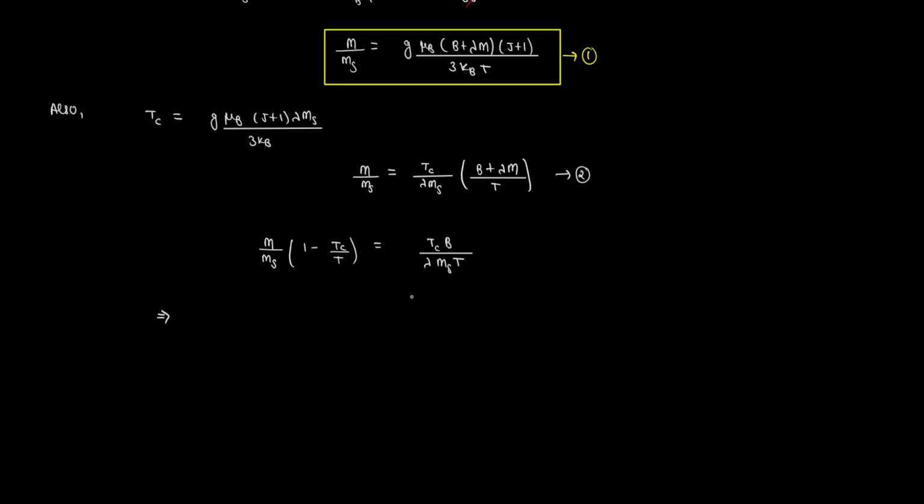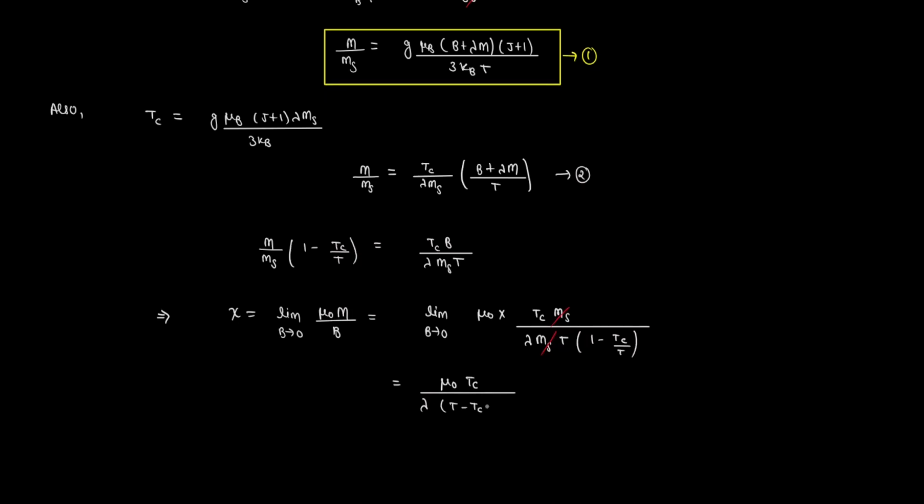Now the susceptibility is given by the limit B tending to 0 of mu naught M divided by B, which will be equal to, and the simplification will give the susceptibility equal to mu naught Tc divided by lambda times (T minus Tc).